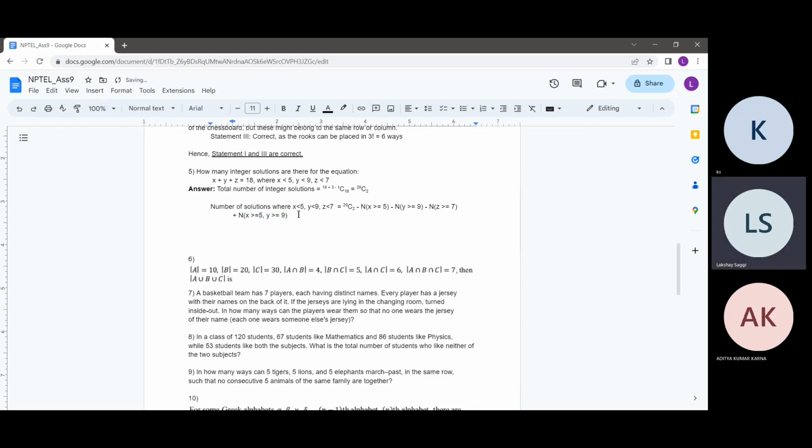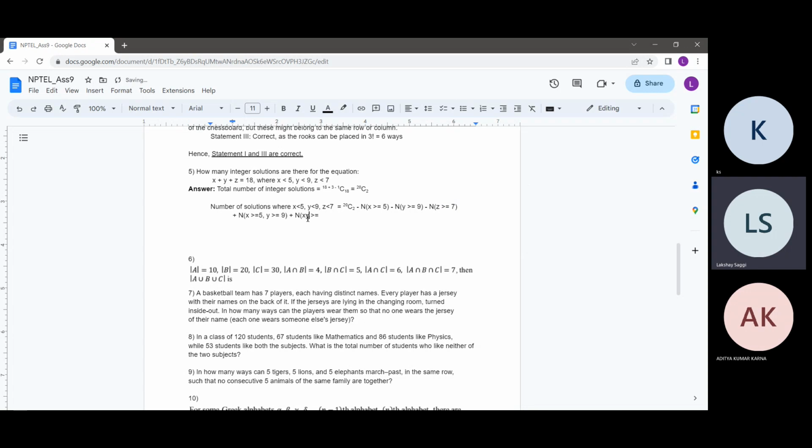And similarly, from these pairs, I have selected one pair, and then these two will form another condition pair. So the number of solutions where y is greater than or equal to 9 and z is greater than or equal to 7.